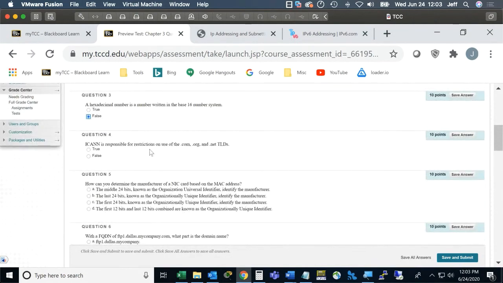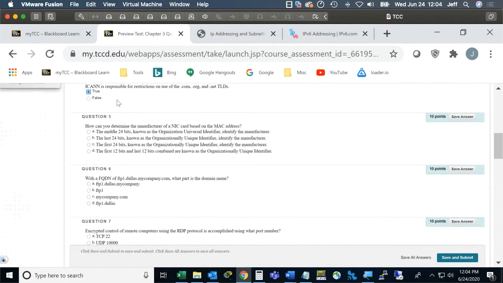ICANN is responsible for restrictions on use of the .com, .org, and .net top-level domains. Actually, I believe this one to be true. It's been a while since I dealt with those, but I do believe it is ICANN.